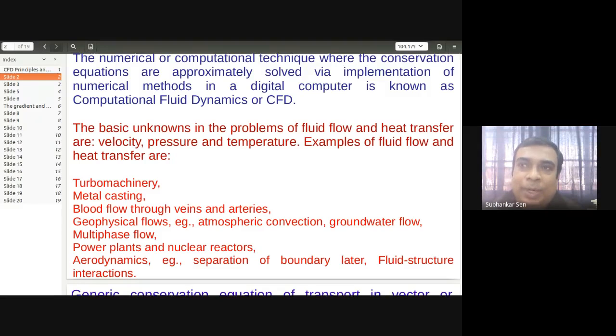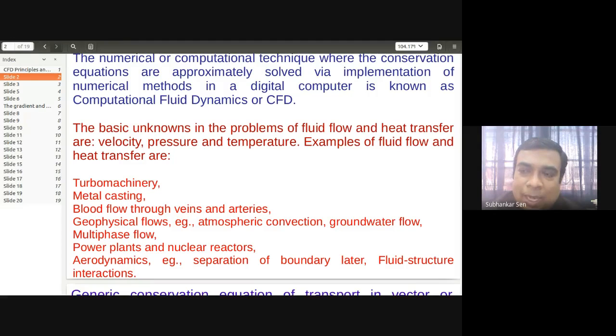There are so many examples where we encounter fluid dynamics and heat transfer. There are three basic approaches for solving this kind of problem: the experimental approach, the analytical or theoretical approach, and the computational approach.